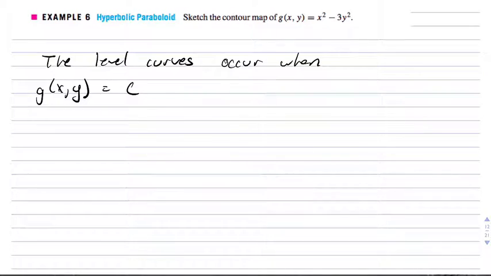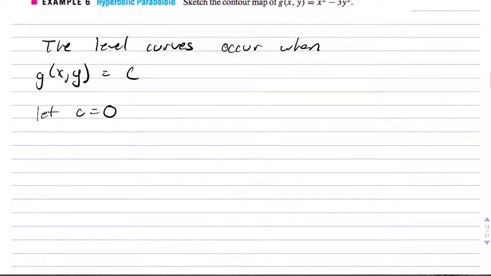So we're going to do different values of our constant c. So let's say let c, like say we set it equal to 0. We're going to do 3 cases: when our output is 0, when it's positive, and when it's negative. So we'll try to look at those notions.